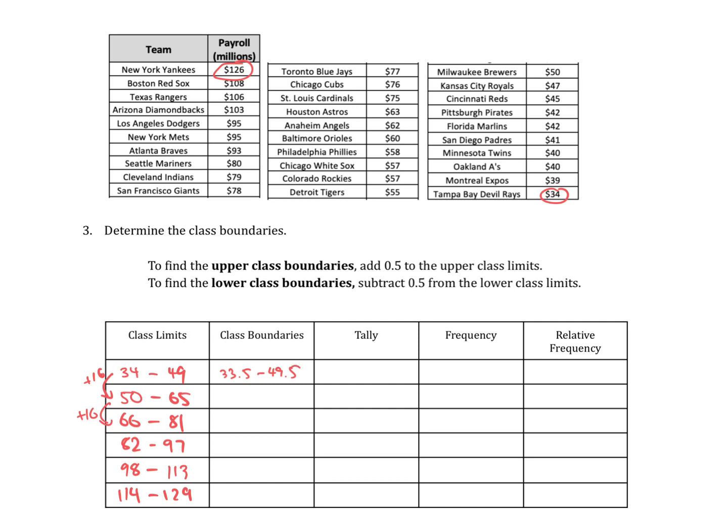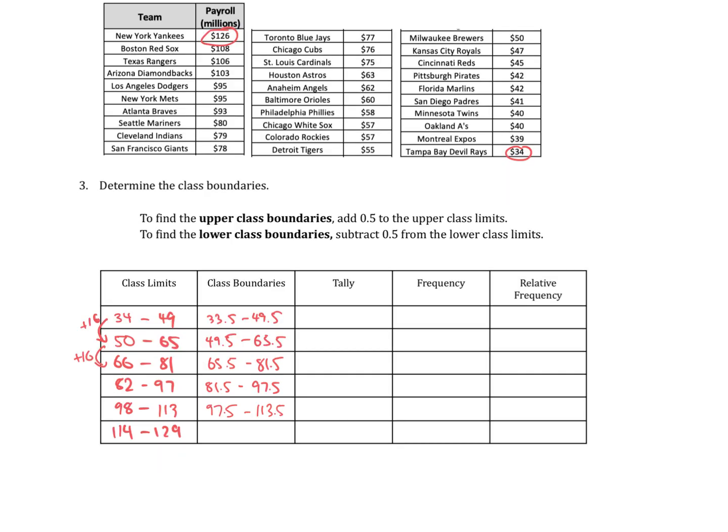And then my next class boundary goes from 49.5 to 65.5, 65.5 to 81.5, 81.5 to 97.5, 97.5 to 113.5, 113.5 to 129.5.